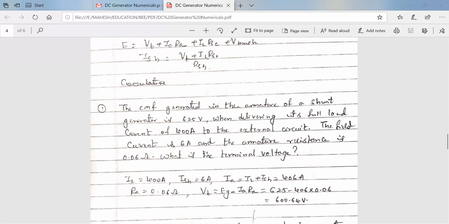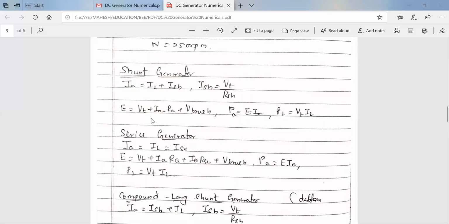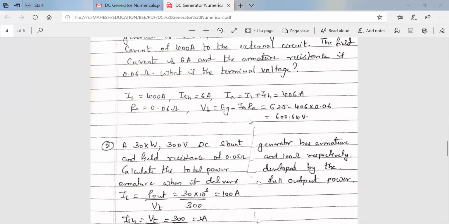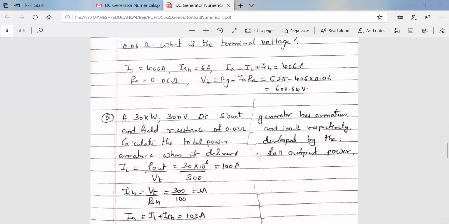We know the formula E equals Vt plus Ia into Ra plus Vb, and he has not given the voltage drop across the brushes, so we will not consider that. Therefore, to calculate Vt, Vt equals E minus Ia into Ra. On substituting the values, Ra is also given, that is 0.06 ohm, you will get 600.64 volts.